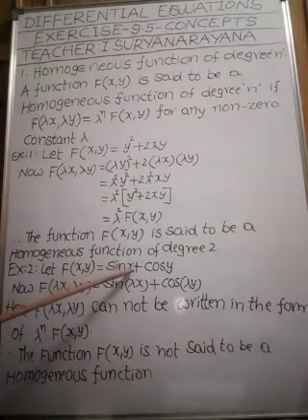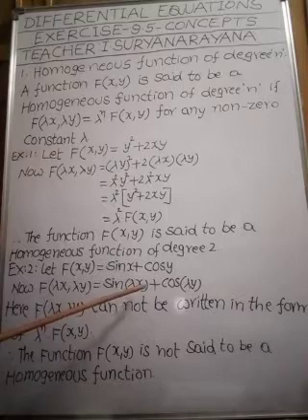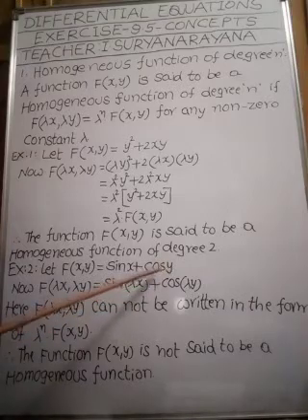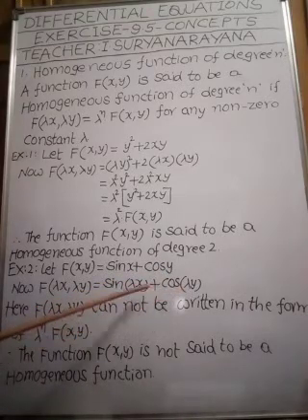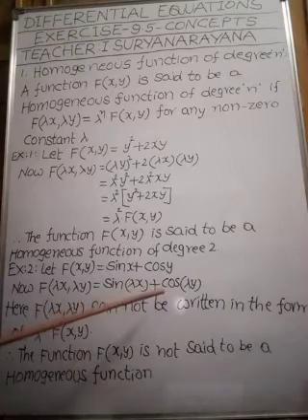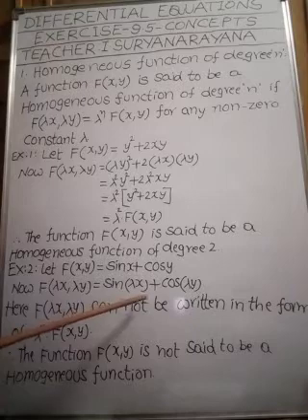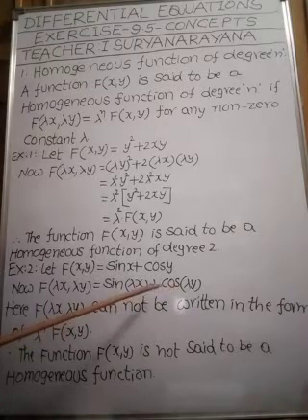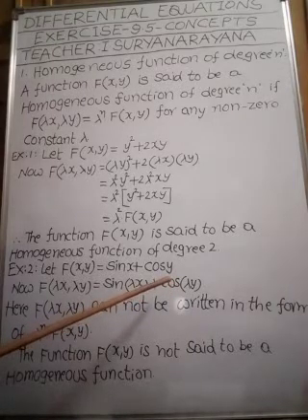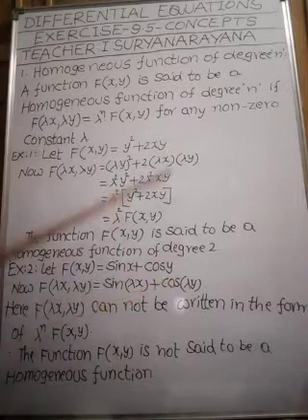So sin of lambda x plus cos of lambda y. Understood this step, my children? Here it is not possible to write this function in the form of lambda power n into f of x comma y. Can we write it that way? No.